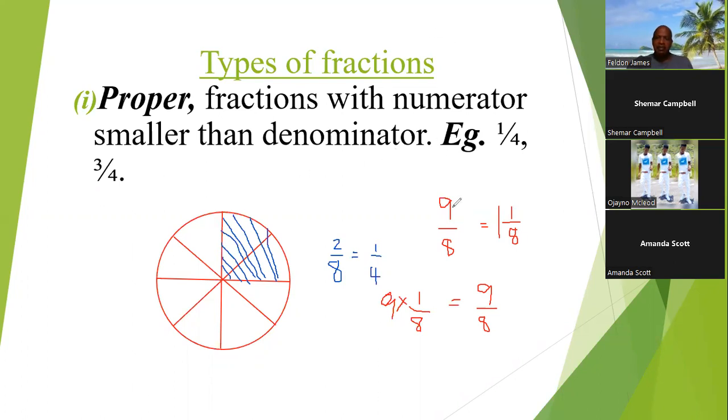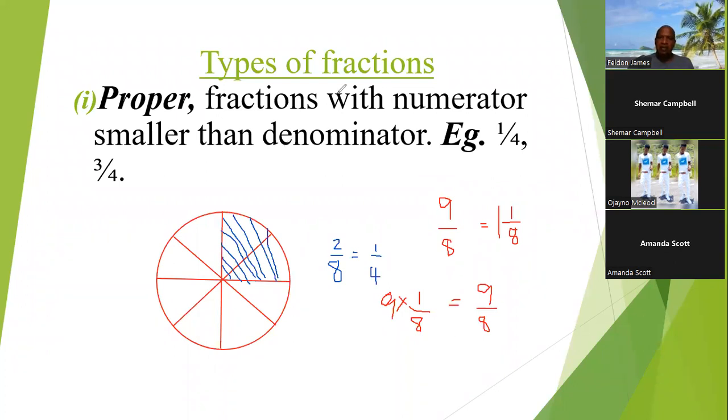That's why we call it improper, because this does not truly represent, based on the definition of a fraction, 9 parts of 1 whole pizza cut up into 8 slices. It's actually a part of 2 pizzas, 1 whole one plus 1 slice out of another one.